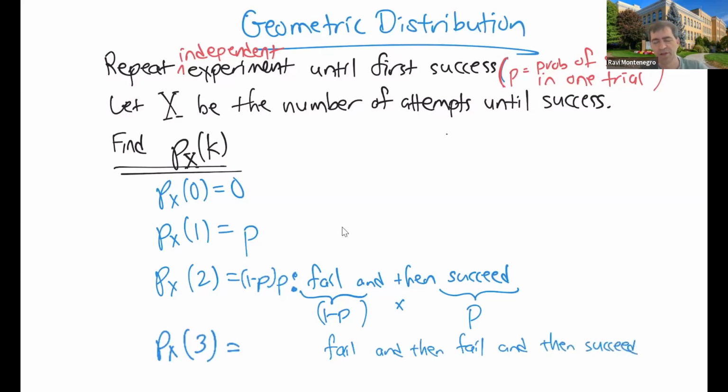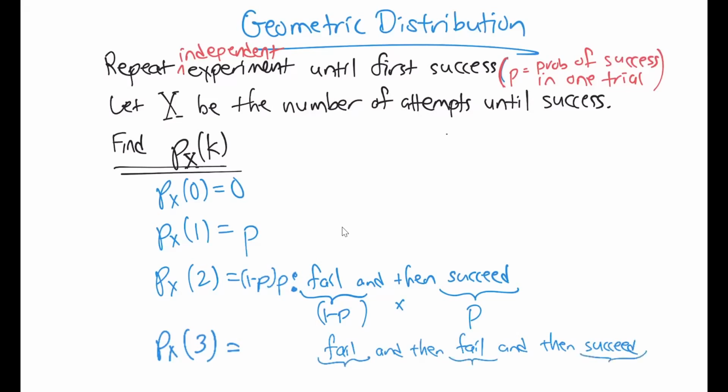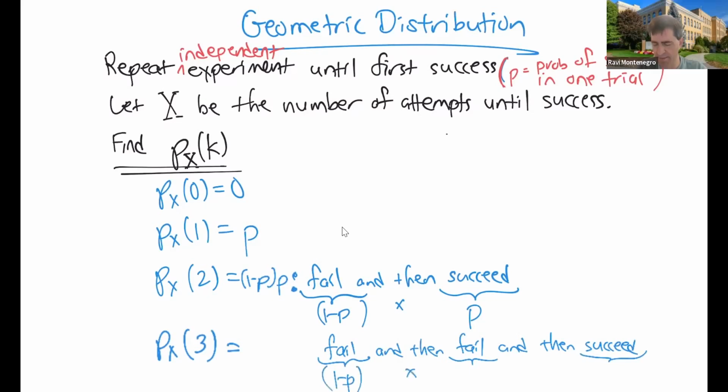So the chance of failure on attempt 1 was what? 1 minus P. And then we do that again, and P.